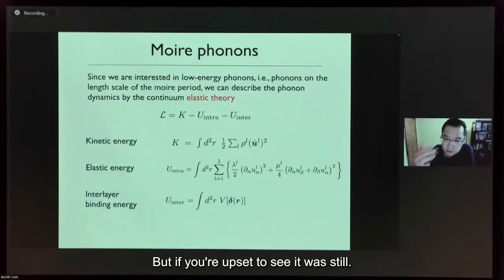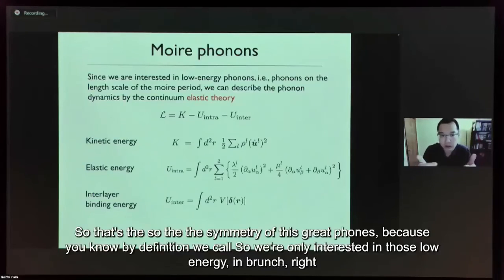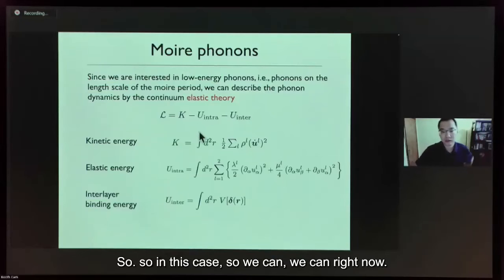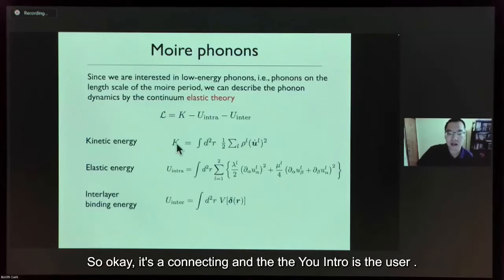Okay. So let's actually do a more detailed analysis of exactly the symmetry of these moiré phonons. Because by definition, when we talk about moiré phonons, we are only interested in those low energy acoustic branches, right? Because you have a low energy acoustic branch, you add a moiré potential, you're going to fold the phonon back to form those mini bands. So in this case, we can write down our Lagrangian in the following way. K is the kinetic energy, and U_intra is the intralayer elastic energy.